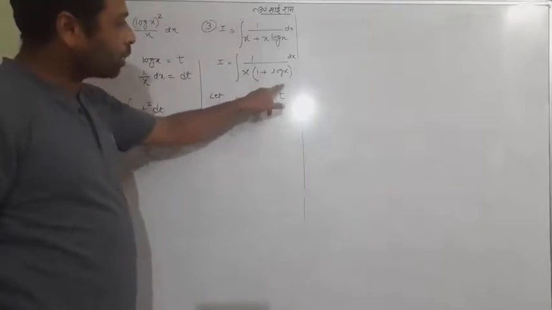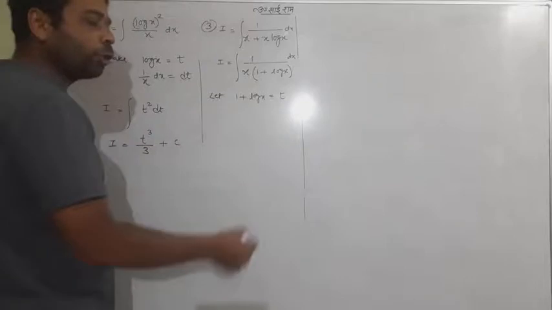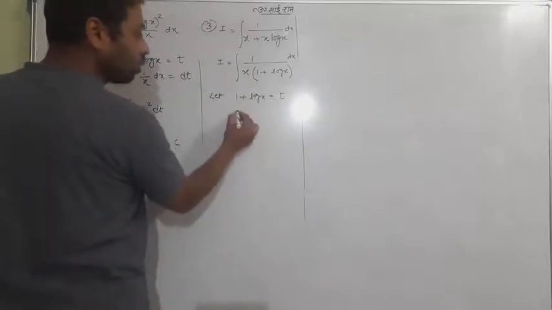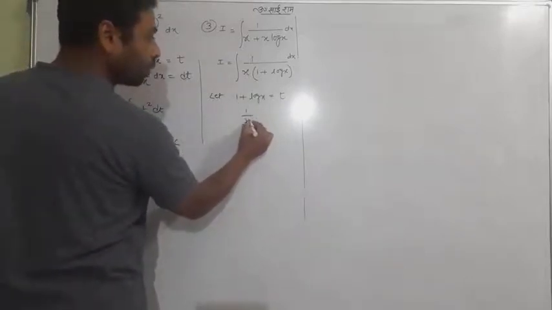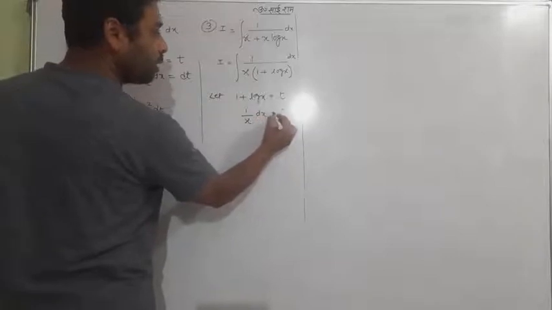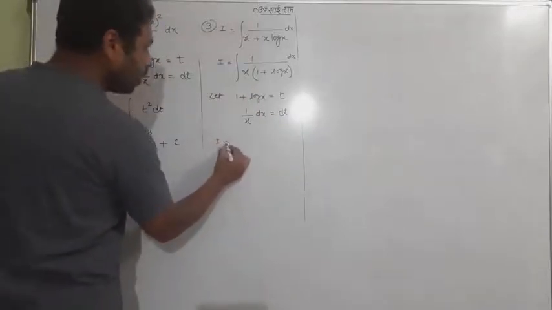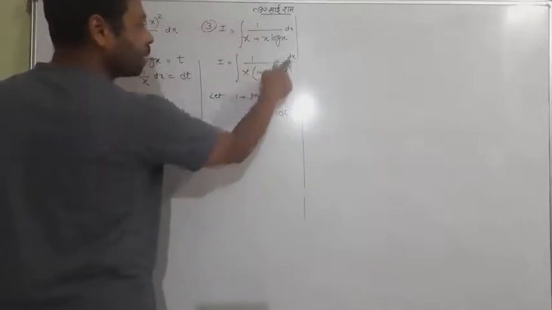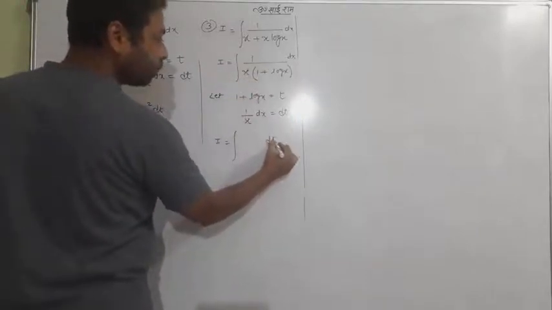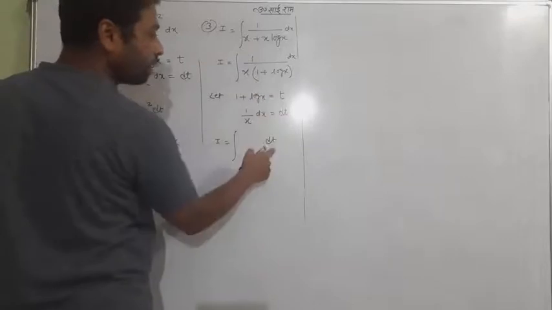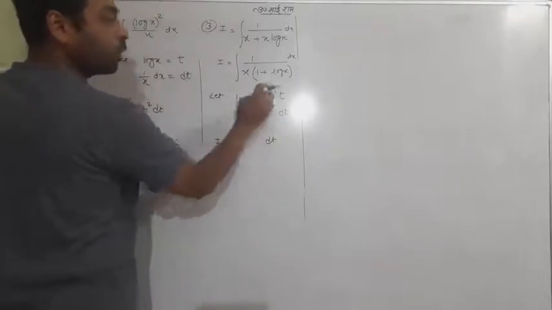So take 1 plus log x equal to t and do differentiation with respect to x. This is going to be 0, and log x has differentiation 1 by x. You write 1 by x dx equal to dt.